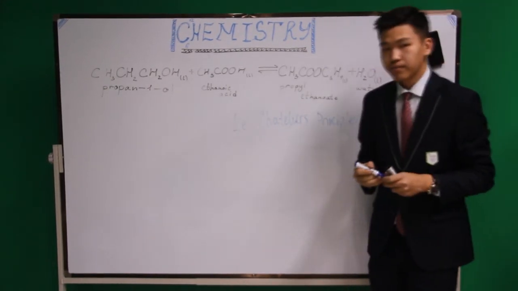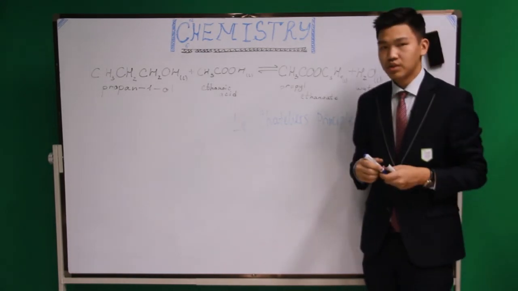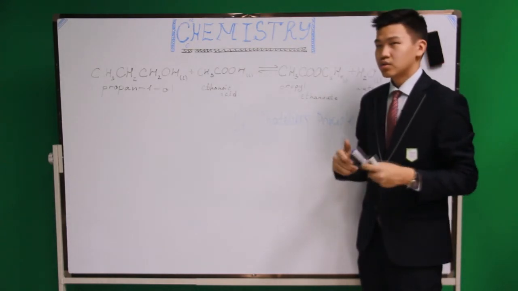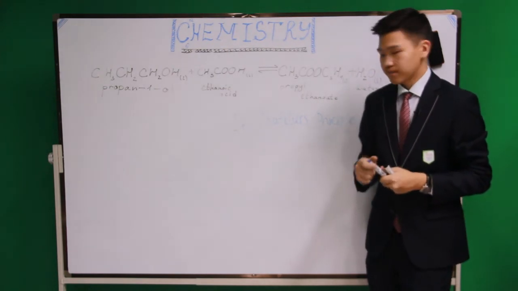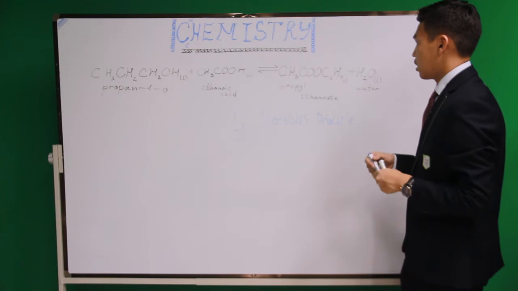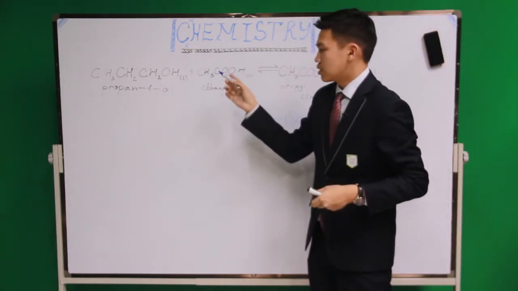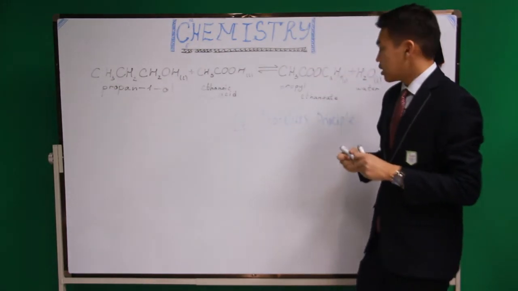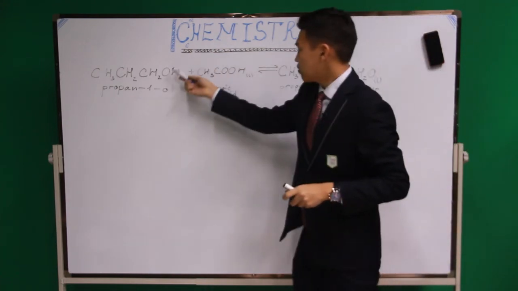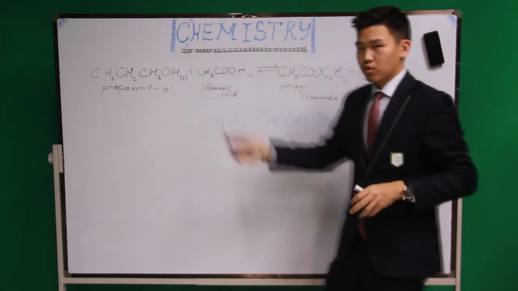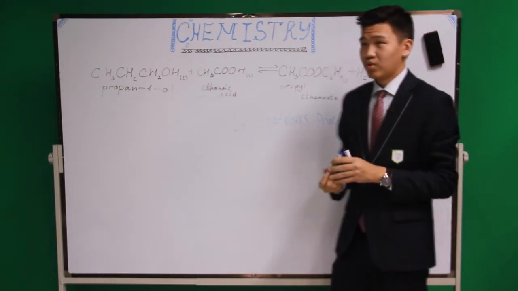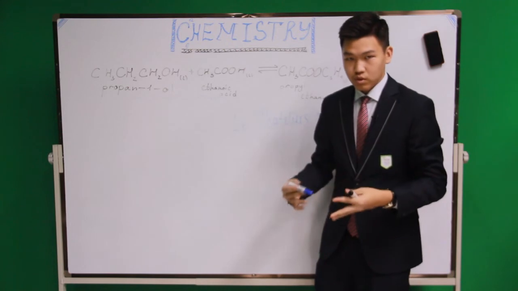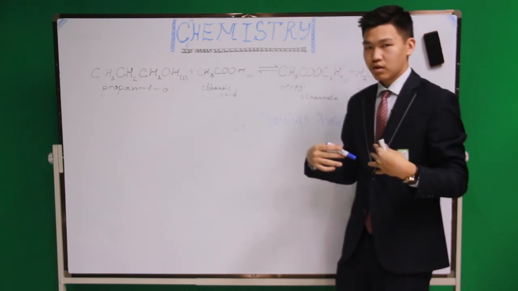This law states that when a change is applied to a system in dynamic equilibrium, the reaction tries to oppose the effect of the change. So if we want to change the conditions, for example by adding a reactant, the reaction itself opposes the change.